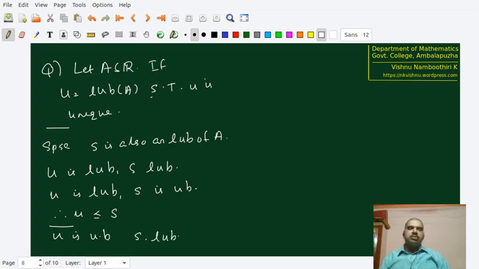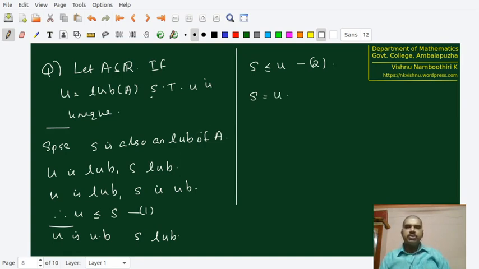But what is the relation between LUB and any other upper bounds? LUB is less than or equal to any other upper bounds. Therefore, since S is the LUB, S is less than or equal to any upper bound U. Then we have U less than or equal to S and S less than or equal to U. These two inequalities simultaneously imply that S must be equal to U. Therefore, if LUB exists, it must be unique.